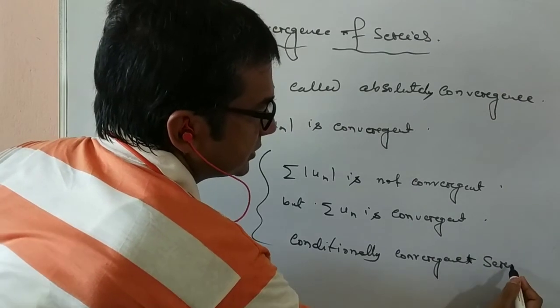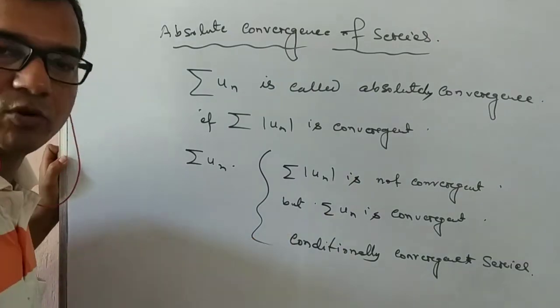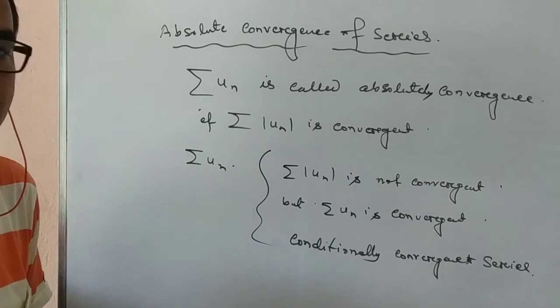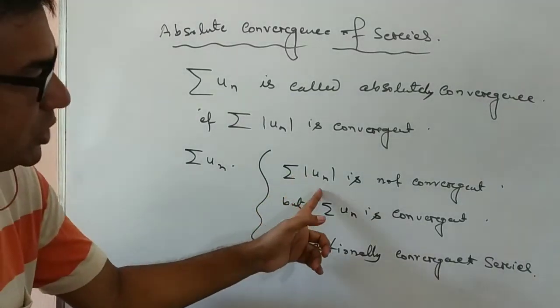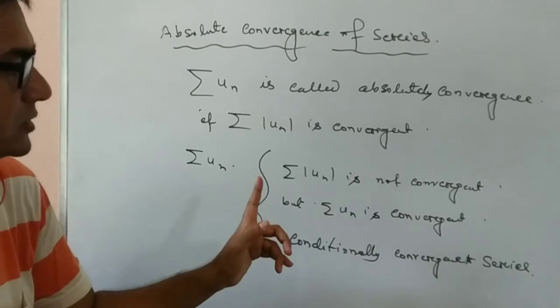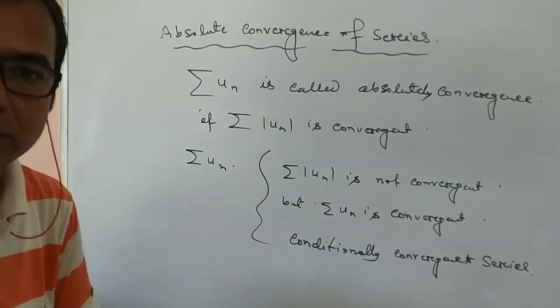Another name for a conditionally convergent series is a semi-convergent series. So here summation mod u_n is not convergent, that is, not absolutely convergent, but summation u_n is convergent. This is a conditionally convergent series.